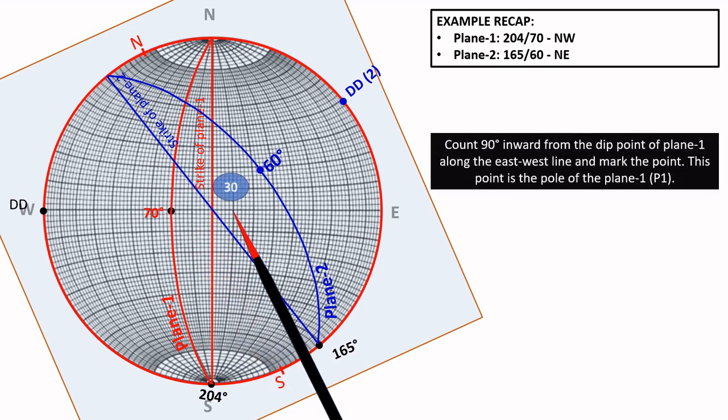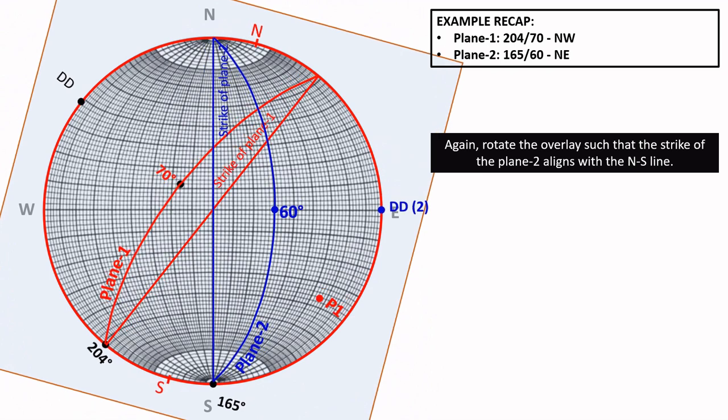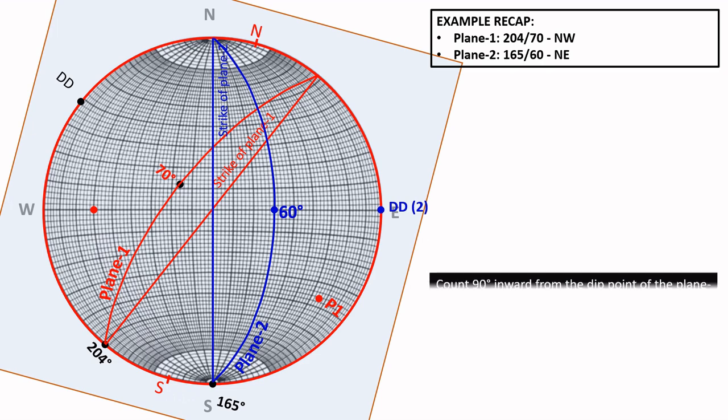Count 90 degrees inward from the dip point of plane 1 along the east-west line and mark the point. This point is the pole of plane 1. Again, rotate the overlay such that the strike of plane 2 aligns with the NS line. Count 90 degrees inward from the dip point of plane 2 along the east-west line and mark the point. This point is the pole of plane 2.